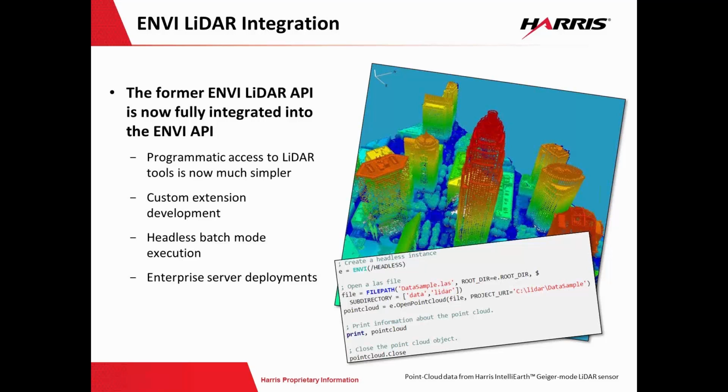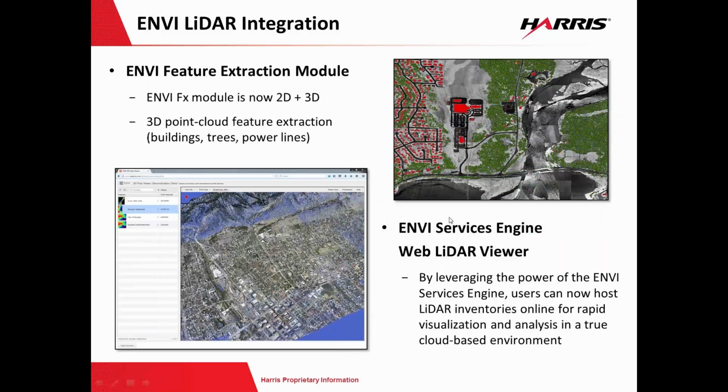Now all of that is rolled into ENVI, and this allows a lot of really neat things to happen. Number one, you don't have to call different products or have a separate license. Number two, we can do sort of data fusion here. We can extract things from point clouds, get raster images, and use all the power of ENVI to do additional processing, all within one contained API. So this is pretty interesting.